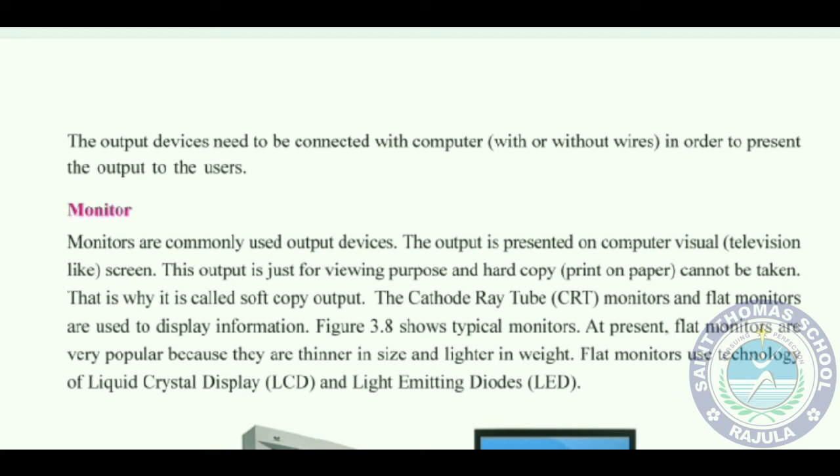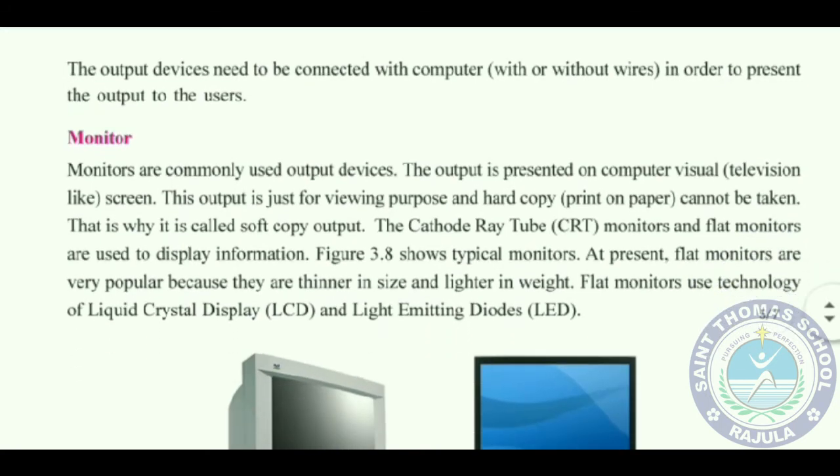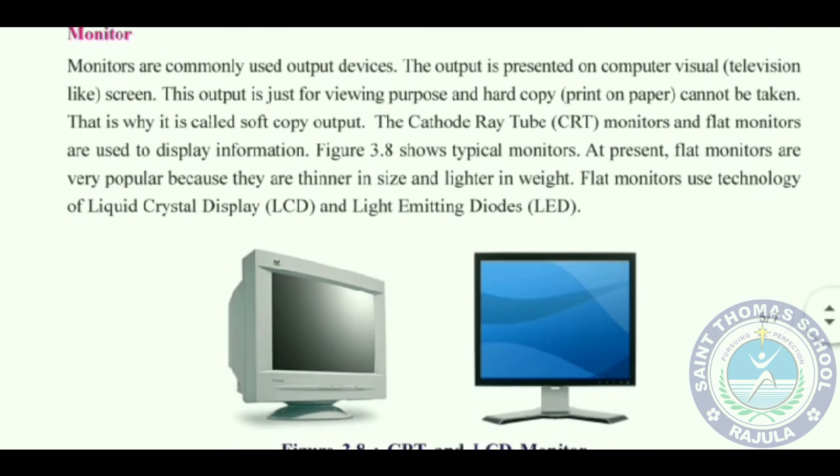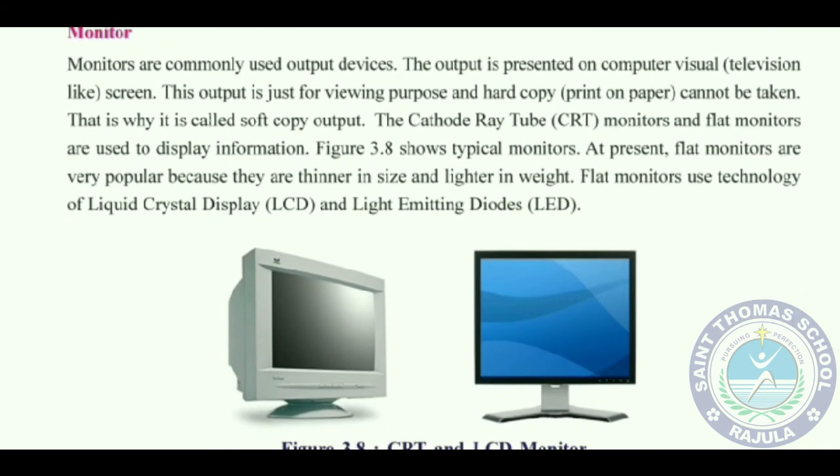Means the monitor must be connected with your computer. It must be part of your computer, then only you can see the output on your screen. So the first output device is the monitor, a commonly used output device, and the output is presented on a computer visual, means a television-like screen.